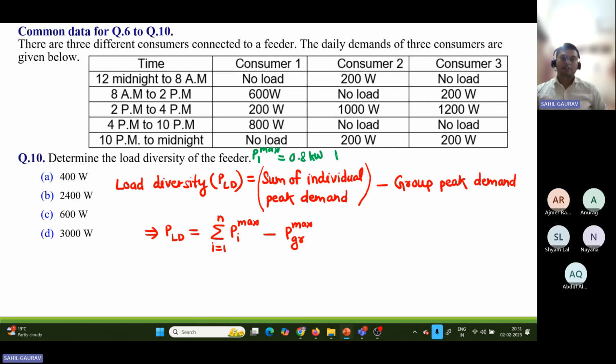P1 max is 0.8 kilowatt. P2 max is 1 kilowatt, and P3 max is 1.2 kilowatt, and P group max is 2.4 kilowatt.